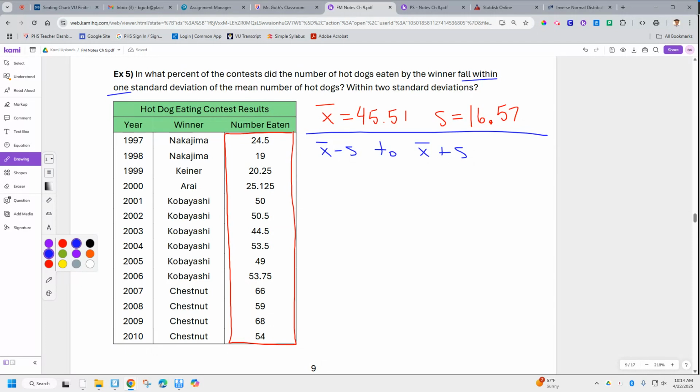So 45.51 minus 16.57 is 28.94, and 45.51 plus 16.57 is 62.08.